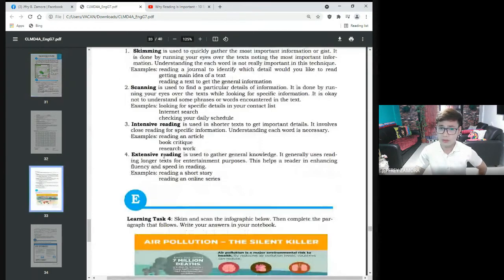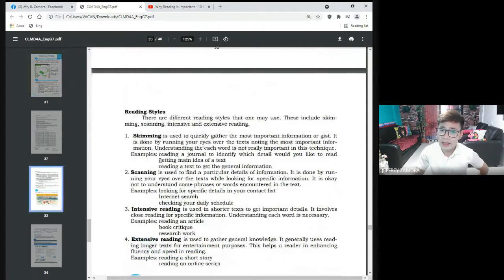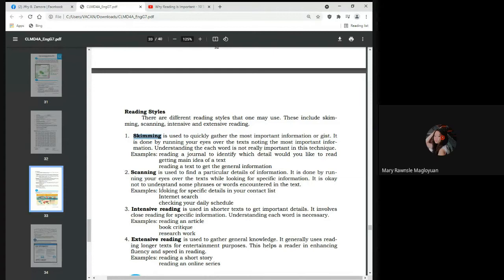So that is what you call skimming. Only getting the main idea of the text. What is your purpose while you are reading? If your purpose in reading is only to get the main idea, your reading style is what you call skimming. Clear? Clear po. Yes, sir.